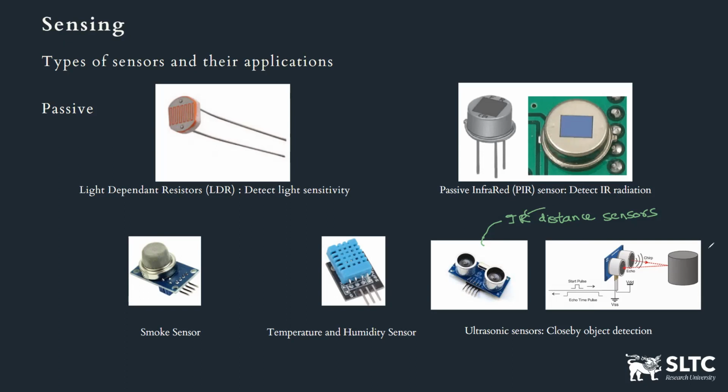It sends the wave and it waits for the reflected wave to come back to the sensor again. So it uses this reflection concept, and also it uses the angle of receiving concept to measure the distance, right?